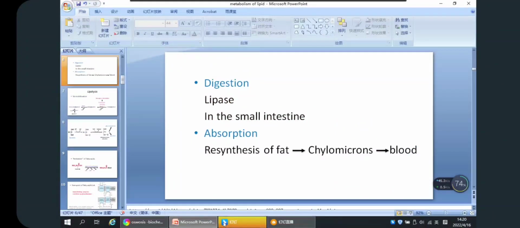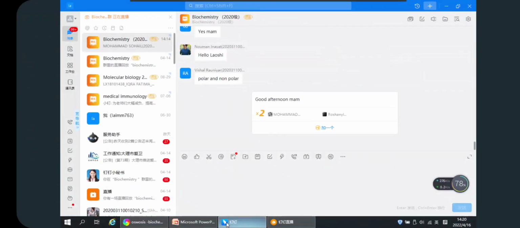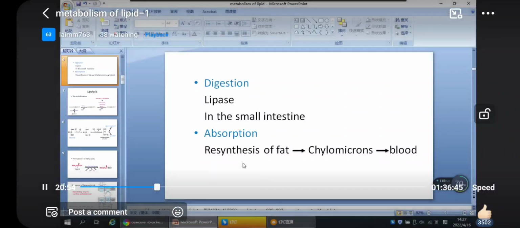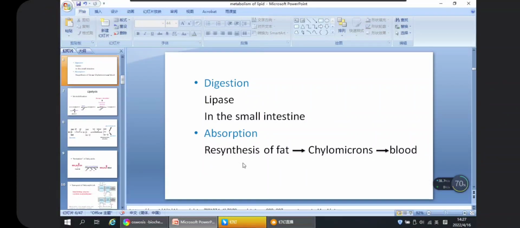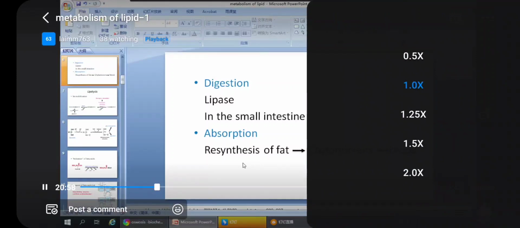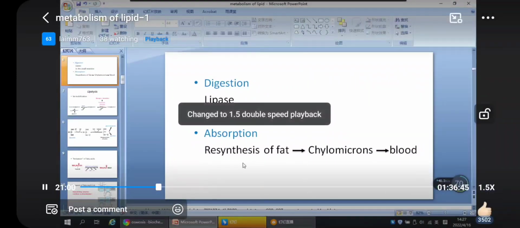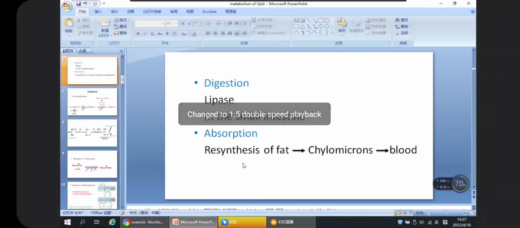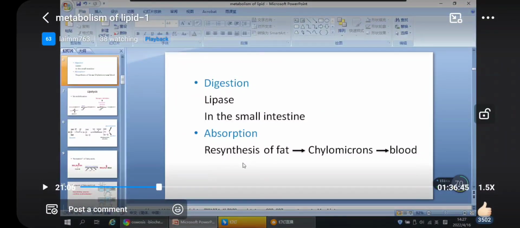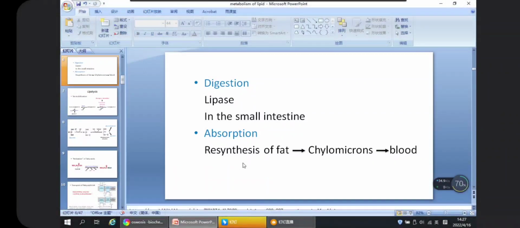Okay, so here I will show you a small review. In the digestion of fat, for example, a lot of enzymes are involved in the digestion of nutrients, for example fat, carbohydrate and protein.